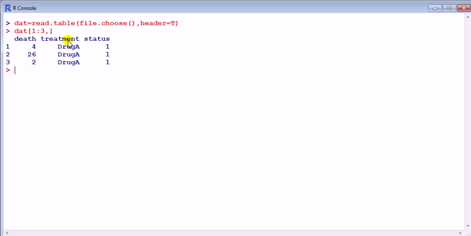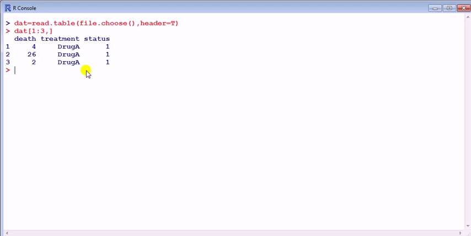And then treatment. Treatment is the factor, and that comes in four levels: drug A, B, C, and then the placebo. And then we need a variable status, and status is an indicator variable, otherwise known as a dummy variable. That is 1 if the person actually died, and it takes the value 0 if we have right censoring.